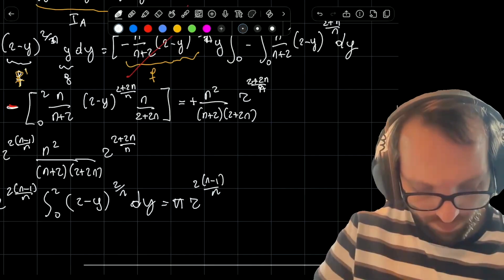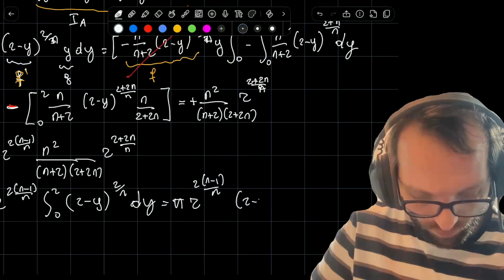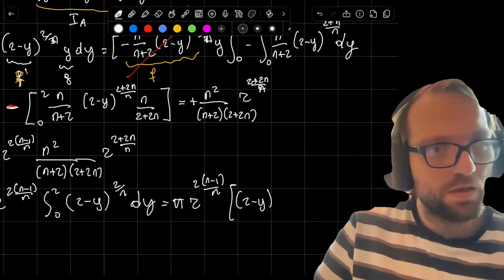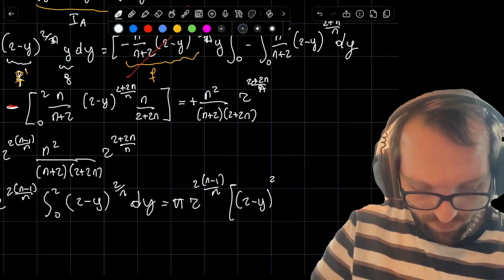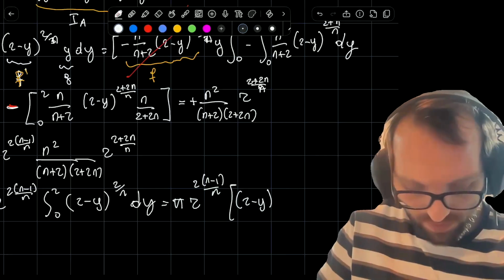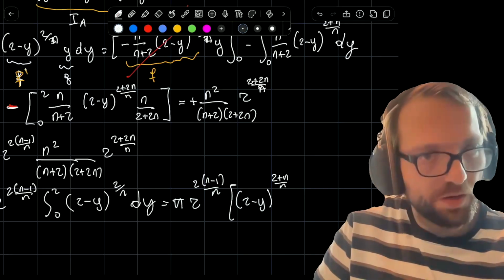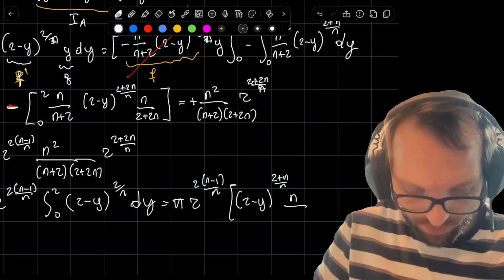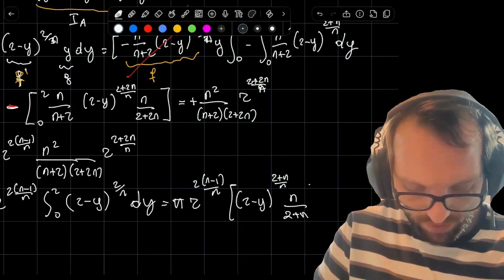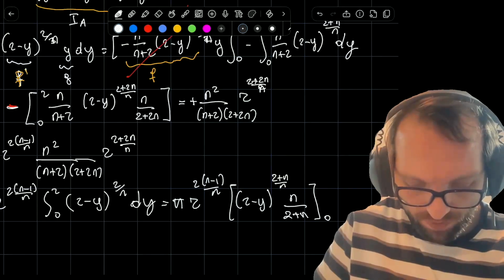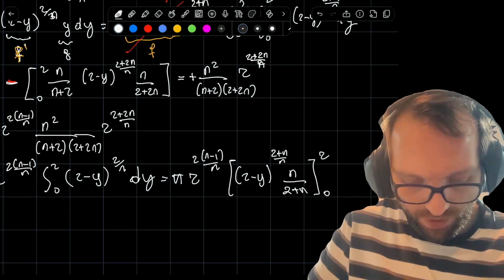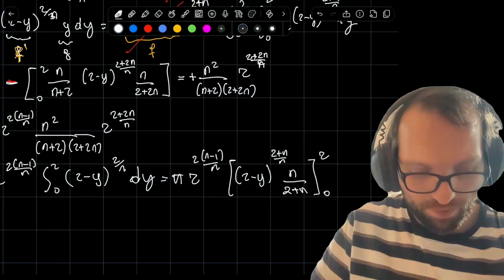This is going to be simply r minus y from 2n plus 1, which is 2 plus n divided by n, multiplied by the reciprocal. Okay, and when we do this from 0 to r, we need a minus 2.